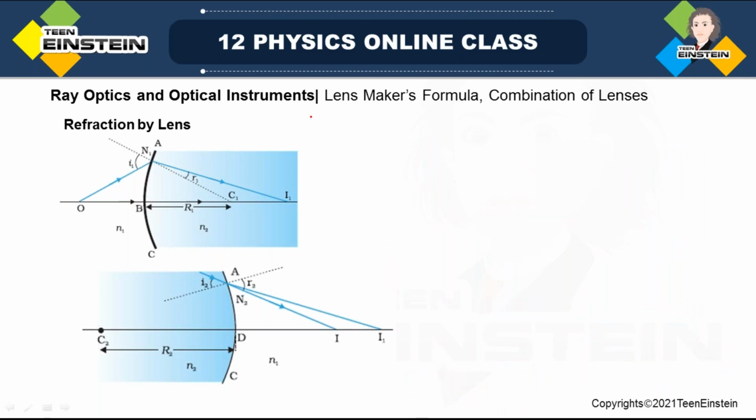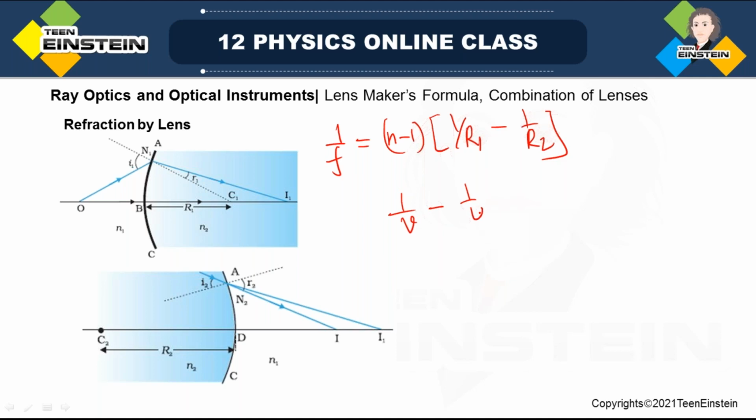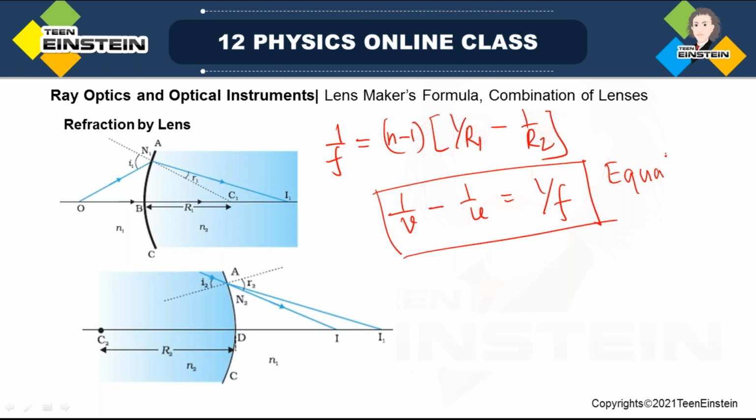So in this process, I'll just write this Lensmaker's formula down here: 1 by r1 minus 1 by r2. Now we have done one approximation. If we write 1 by v minus 1 by u is equal to 1 by f, this is for a thin lens, and this is actually the equation of lens, the equation or formula for thin lens.